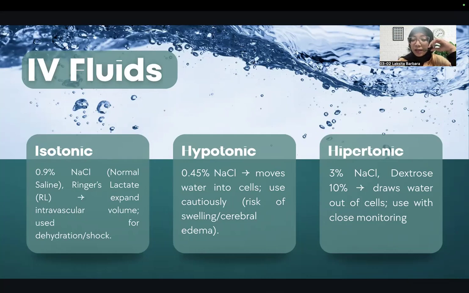And then the last type of fluid is hypertonic fluid. Different from hypotonic, in hypertonic there is more salt, more natrium in the fluid. We usually give this fluid to patients with a low level of natrium in the blood. But we have to use it very carefully and keep monitoring the natrium level of the blood.